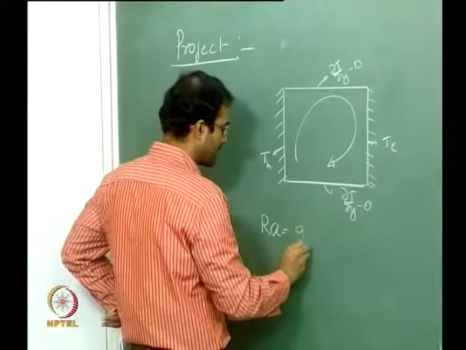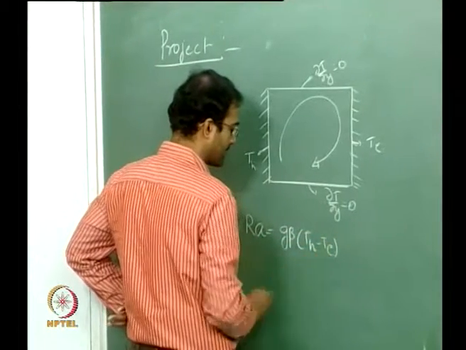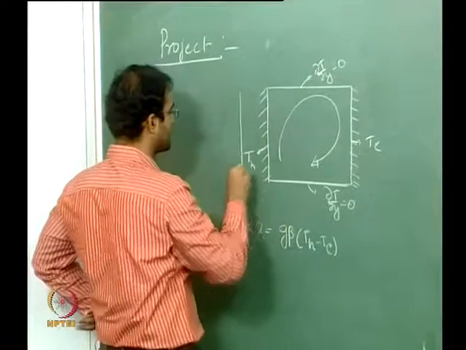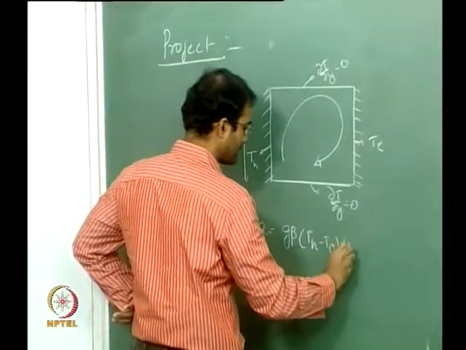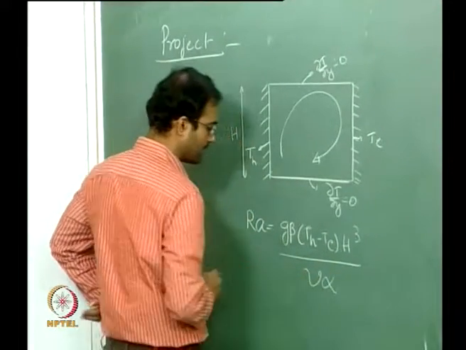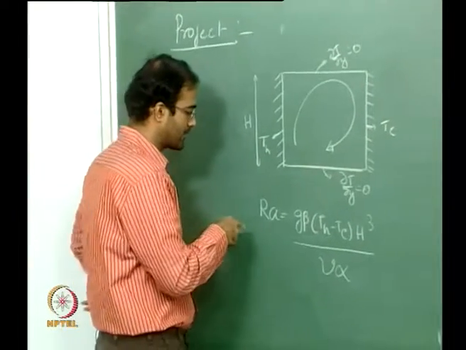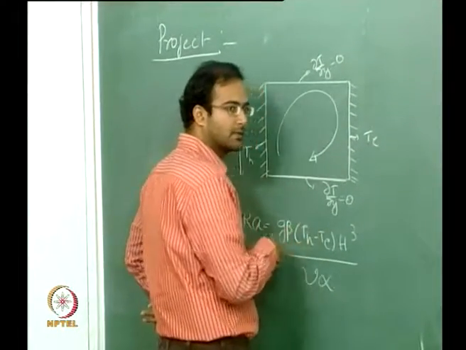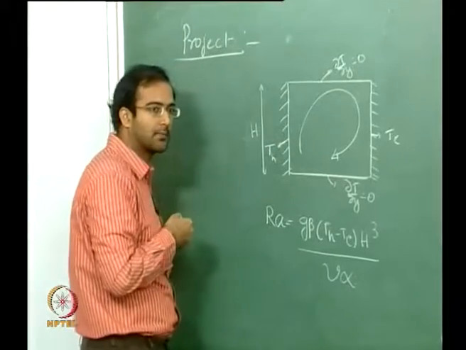This is g beta into Th minus Tc into, if it is a square cavity, H cubed divided by kinematic viscosity into thermal diffusivity. This non-dimensional number characterizes the ratio of buoyancy force to viscous force, and it gives you the strength of the convection which is happening.